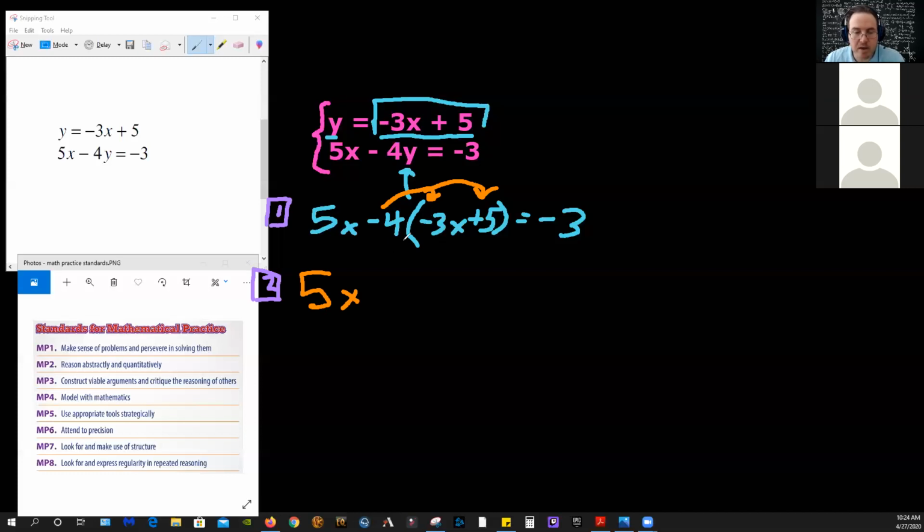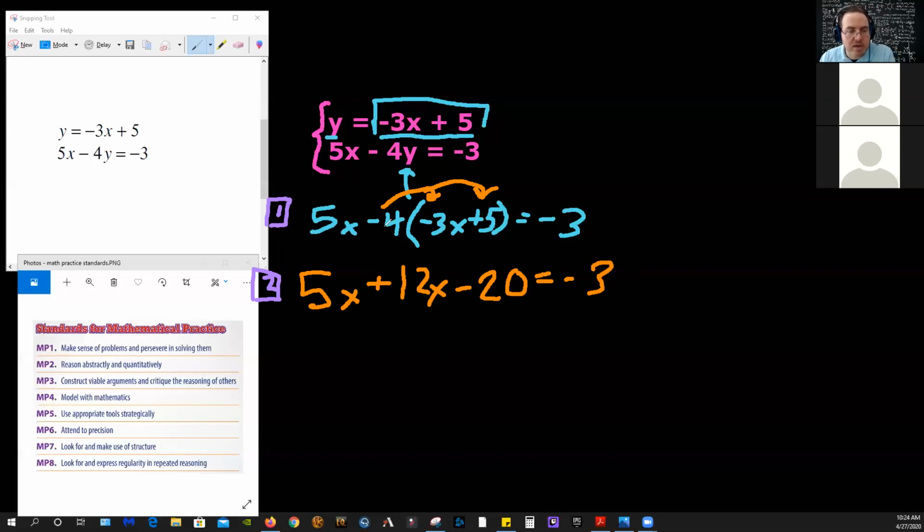Negative times negative is positive, so that'd be 12x. Negative 4 times positive 5 is going to be negative 20. And now to have equals negative 3.